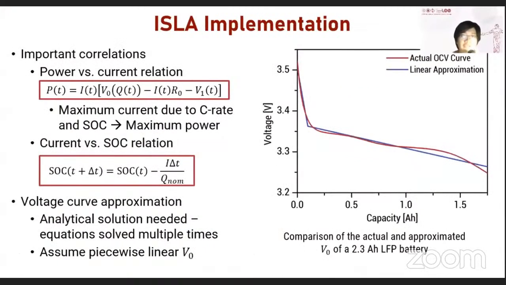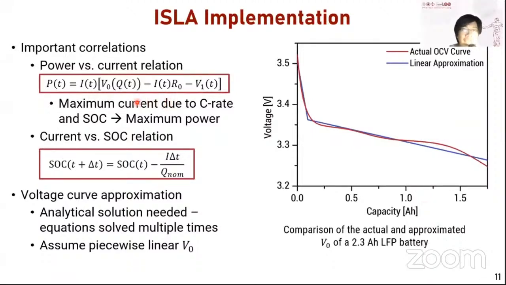Once we have our reduced order ECMs, we can then implement them into ISLA. We'll need to use 2 correlations to do this. First is the power versus current relation shown here, which converts the power used by ISLA to the current which is used by the reduced order ECM. This also will help us convert the restrictions on the current into restrictions on the power.